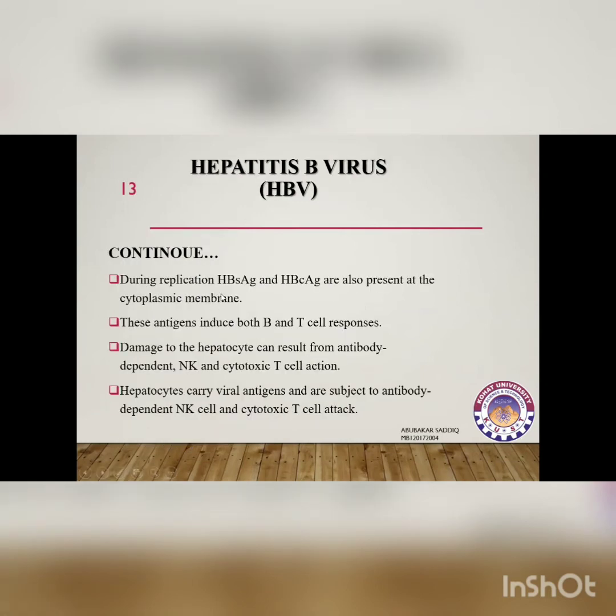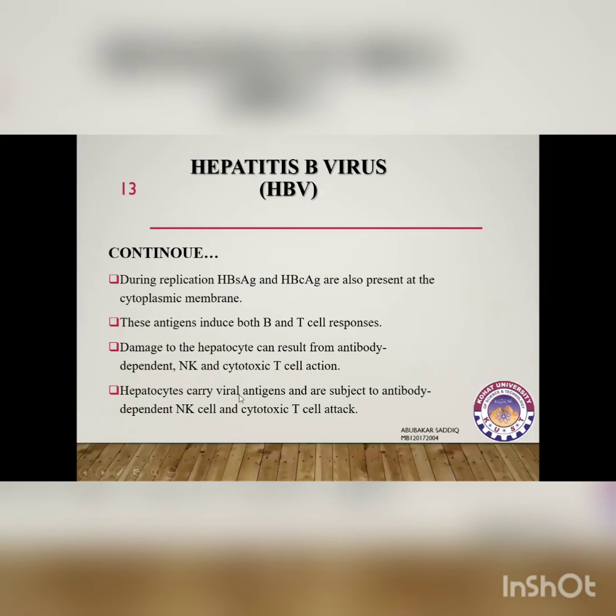During replication, S antigen and C antigen are also present at the cytoplasmic membrane of the host cell. These antigens induce both B and T cell responses. Damage to the hepatocyte can result from antibody-dependent natural killer cell and cytotoxic T cell action.